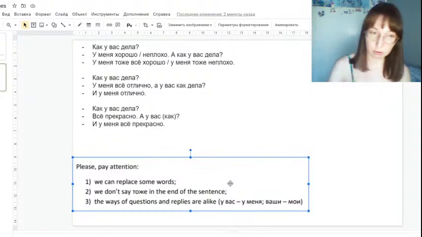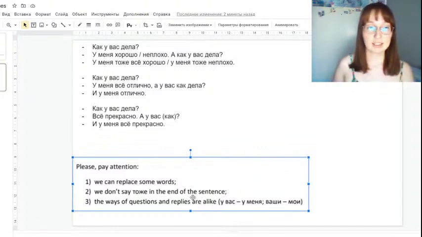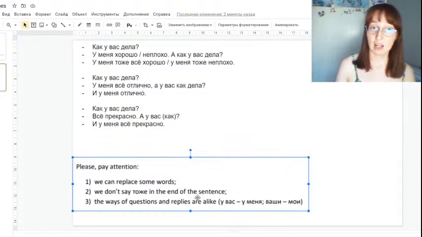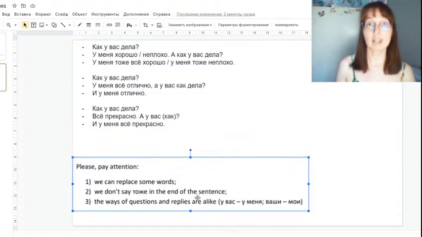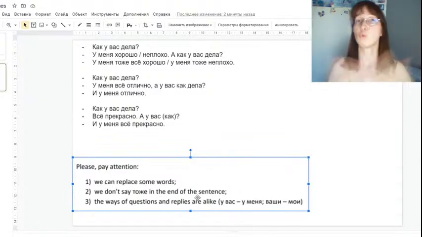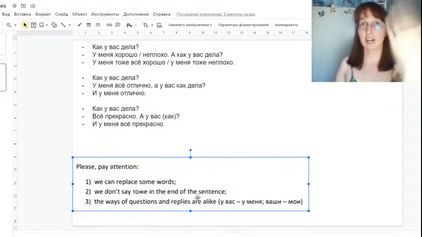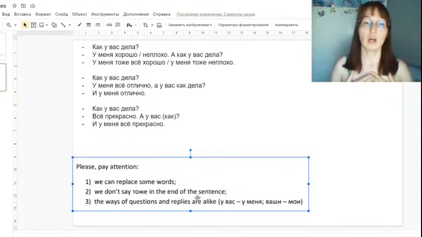Please learn these rules. And the ways of questions and replies are alike. У вас, у меня. Ваши, мои. Как у вас дела? У меня хорошо. Как ваши дела? Мои хорошо. Okay?